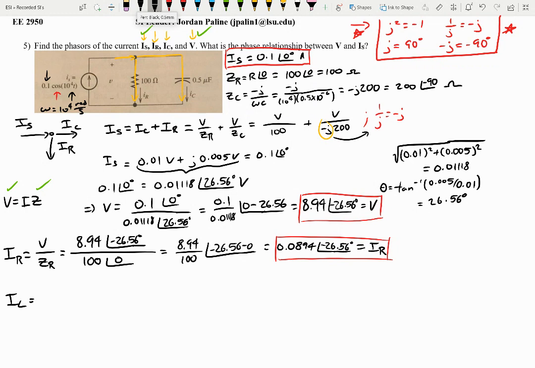And we'll do the same thing for the capacitance. So V over Z C: 8.94 at an angle of negative 26.56 degrees over, we said it was, 200 at angle negative 90.